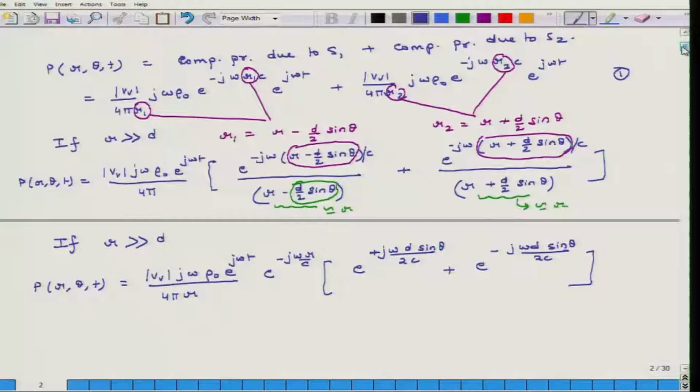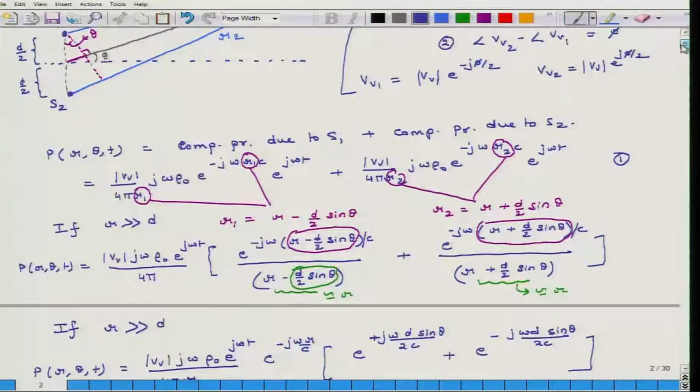Okay. And then I think I made an important, unforgivable mistake. When I was doing this substitution for volume velocities, I should have also included the phase term, which I did not. So, I will rectify that mistake here.